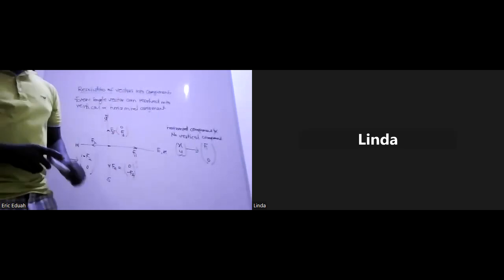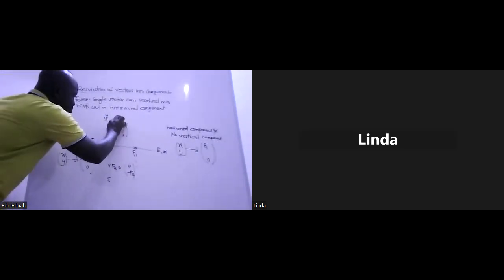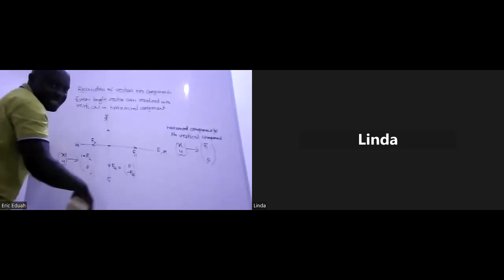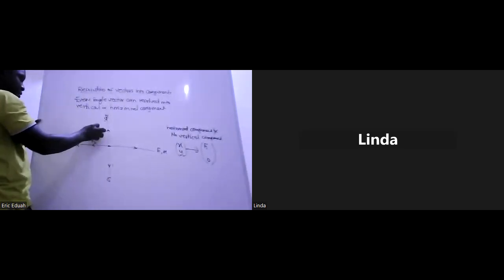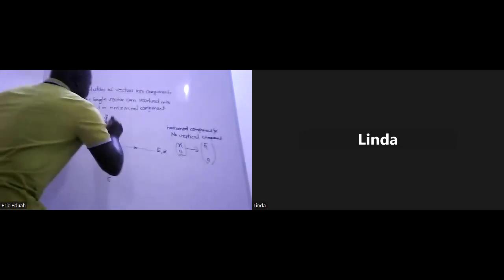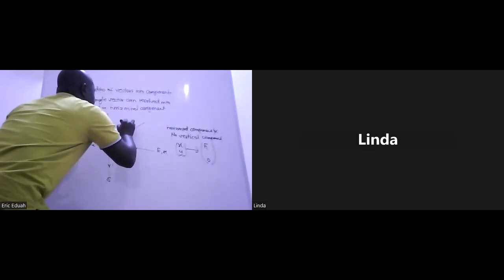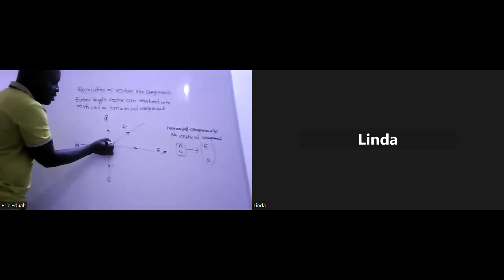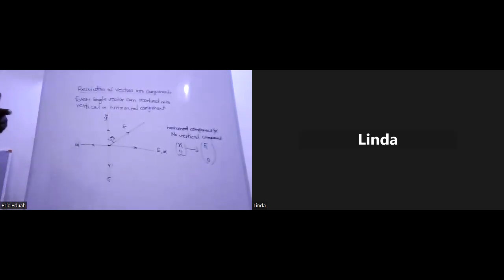Okay. Now, when the vector is not on the axis but in between. So we have this vector F. It makes an angle theta with the y-axis.